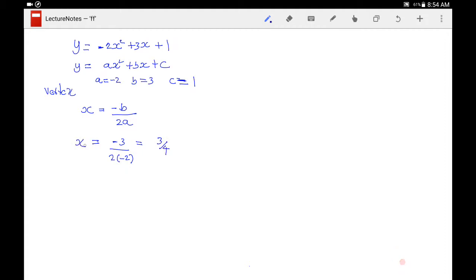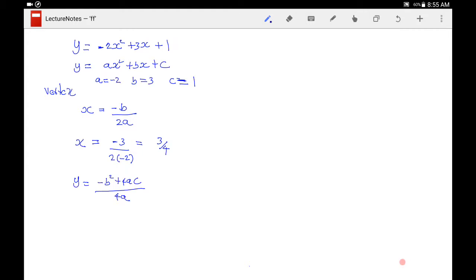When this x is a fraction, it's easier to use the formula to get the vertex, because if I plug it in here, I have to simplify with a fraction. So it's easier to use the formula in this case.